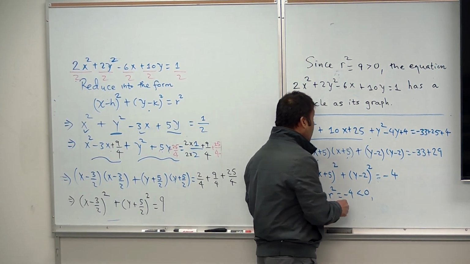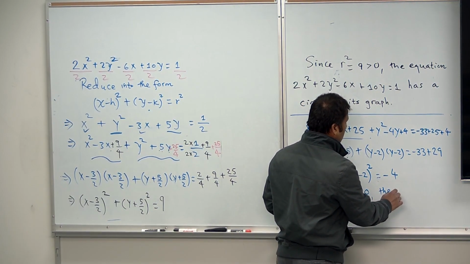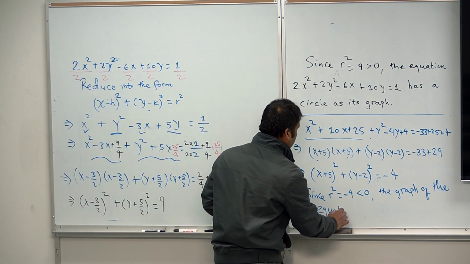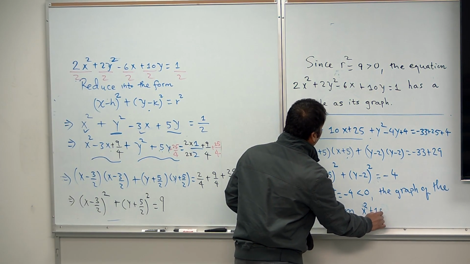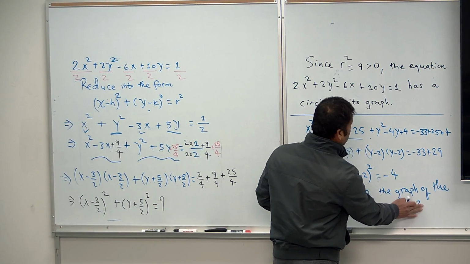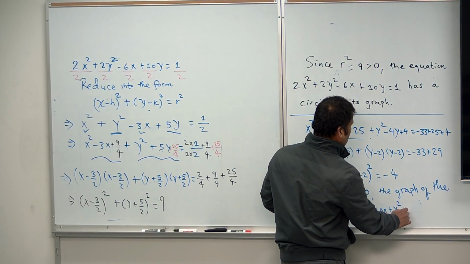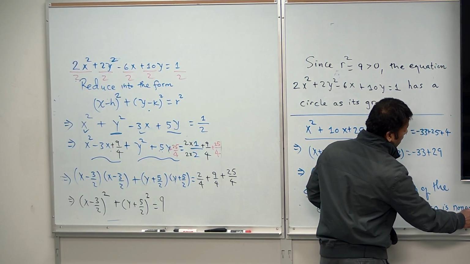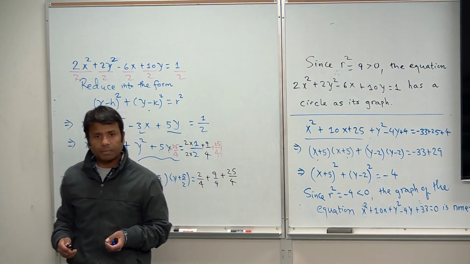So since r squared equals -4, which is less than 0, the graph of the equation x squared plus 10x plus y squared minus 4y plus 33 equals 0 is non-existent. Make sense? Yeah.